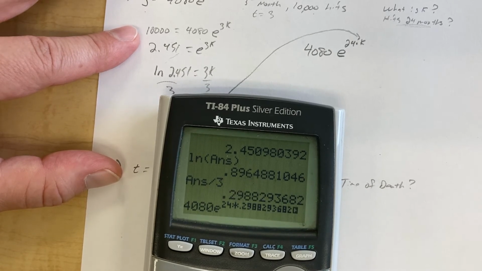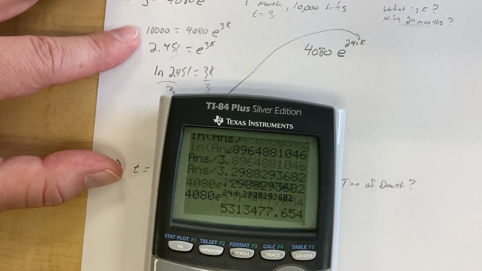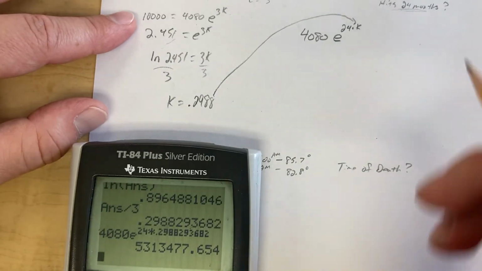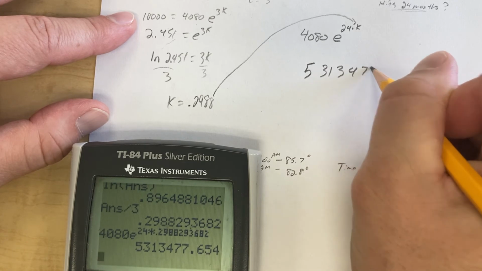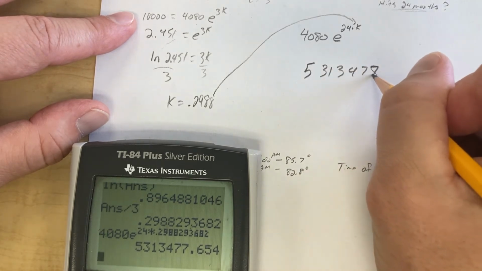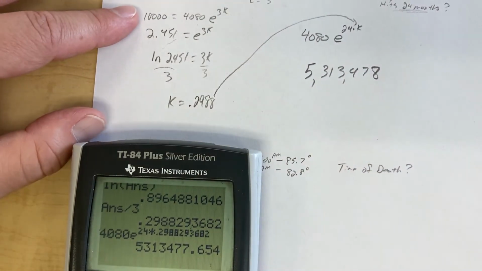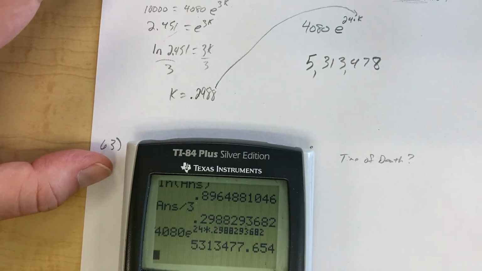So I hit enter. There's our k value, enter, and we are doing just fine. Over 5 million hits if I round it up. According to this model, we'd be over 5 million hits at the 2-year mark.